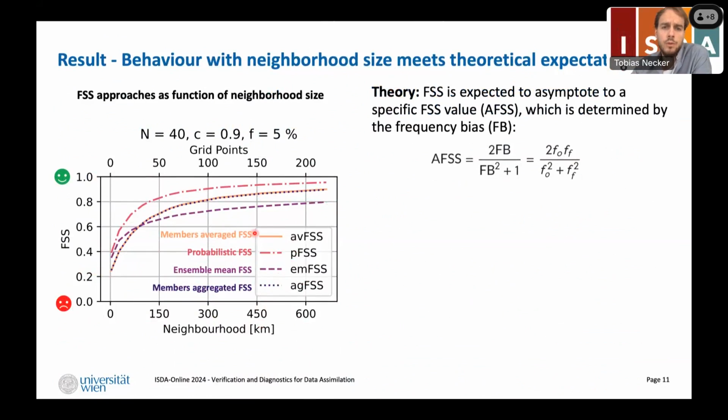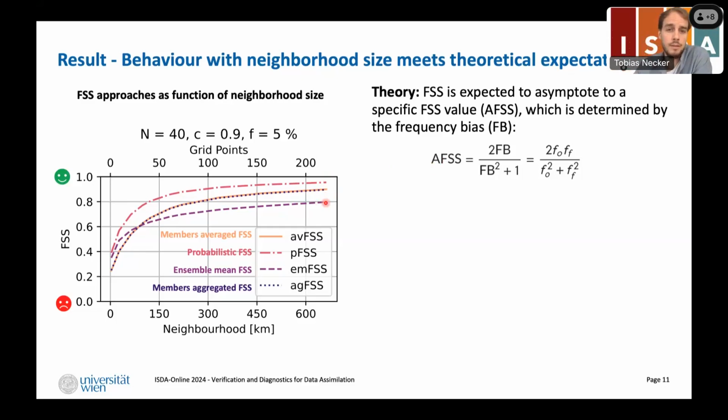And the good thing is that all 4 approaches meet a theoretical expectation, because if we increase the neighborhood to the domain size, the FSS simply measures the frequency bias of the event between the forecast and the observation. So the further we are away from 1, the larger the frequency bias of the event in the forecast compared to the observation.